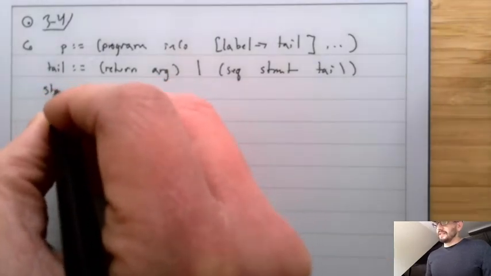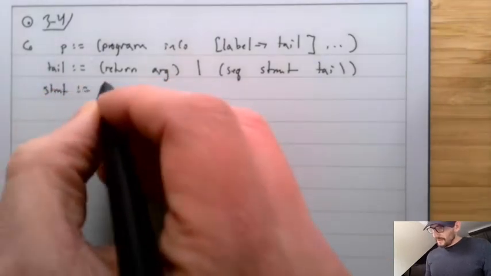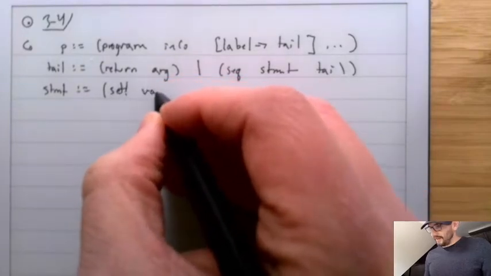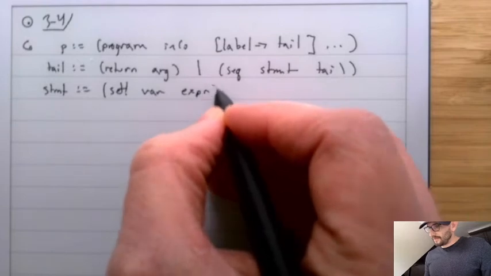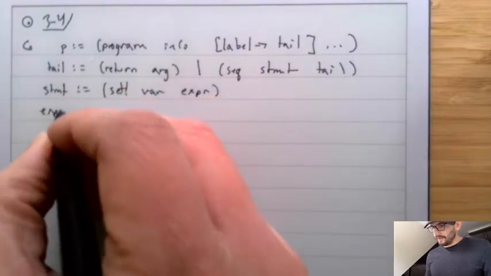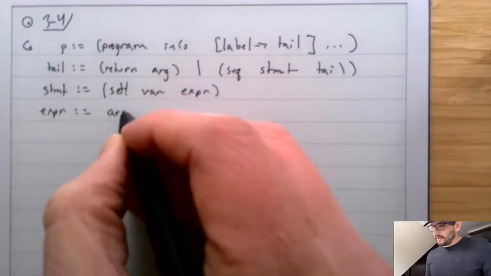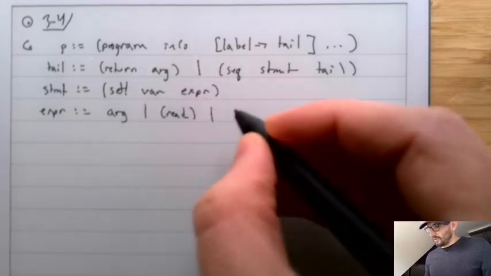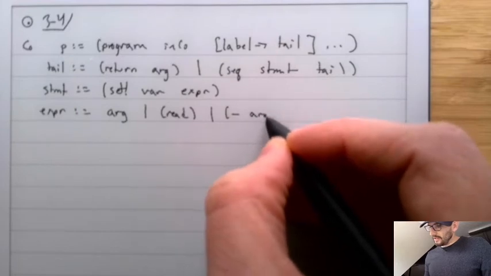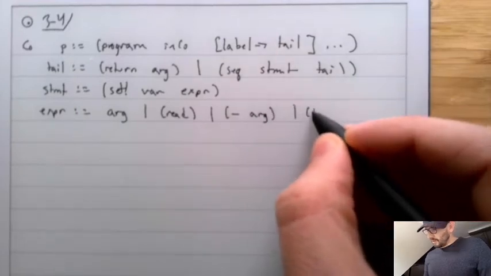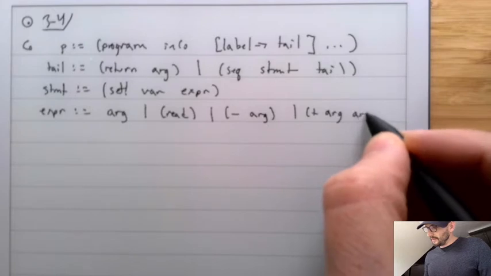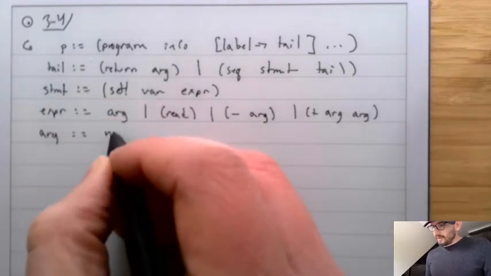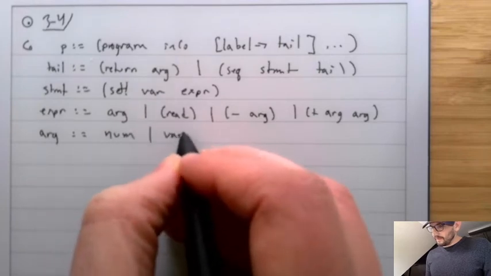A statement is a mutation, that's set, of a variable to an expression. An expression is either an argument, or a call to read, or a negation of an argument, or an addition of two arguments. And an argument is either a number or a variable.